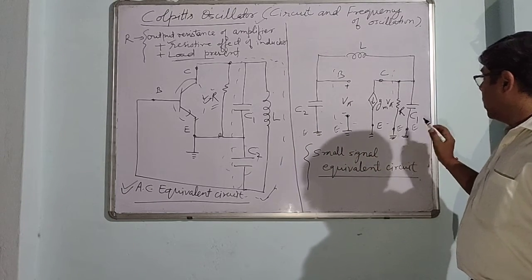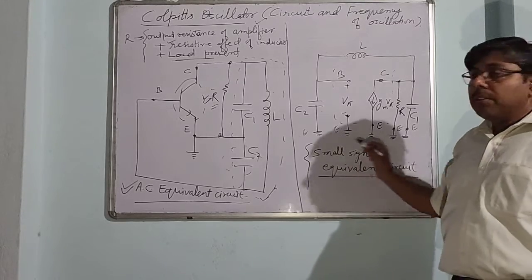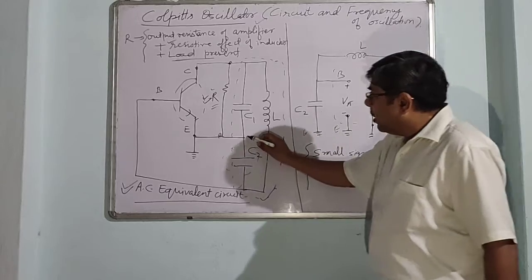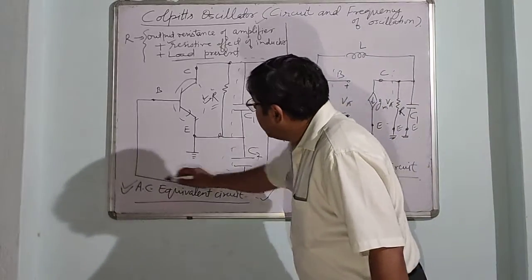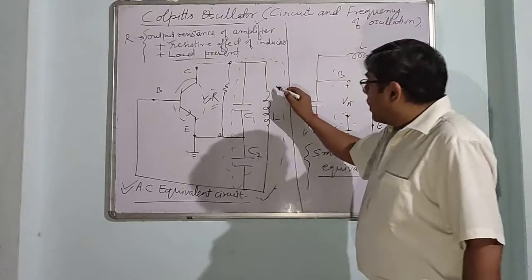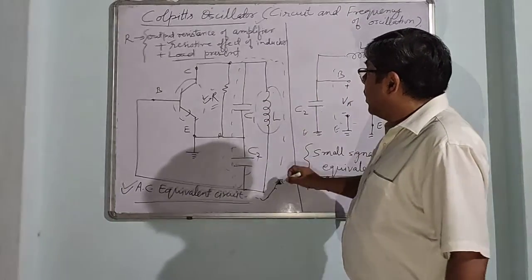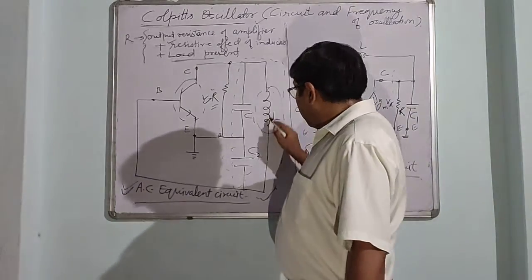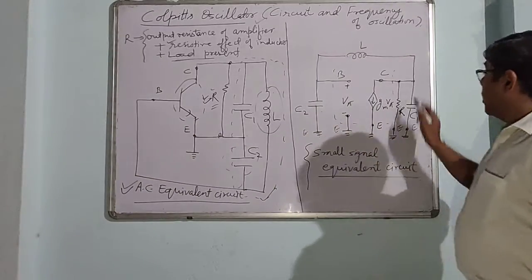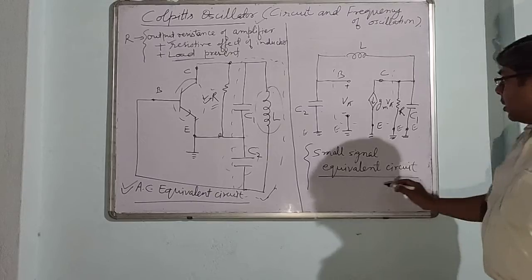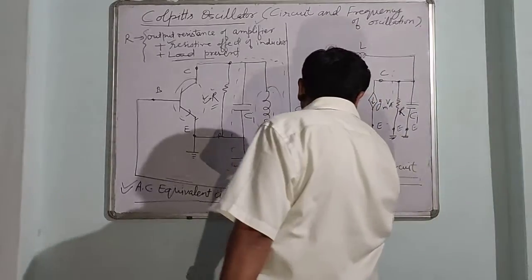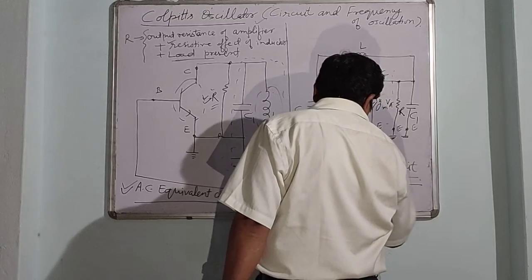So C2 is connected in between emitter and base. And this is the last component L, which is connected between collector and base. So this is the small signal equivalent circuit using model of transistor.